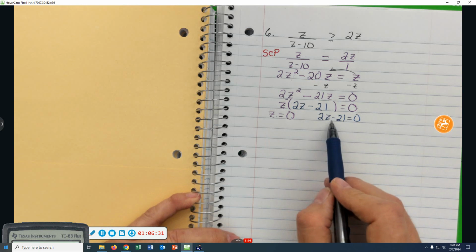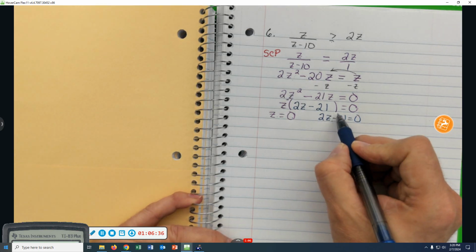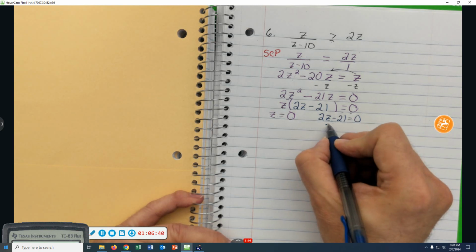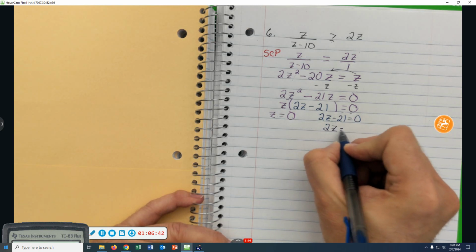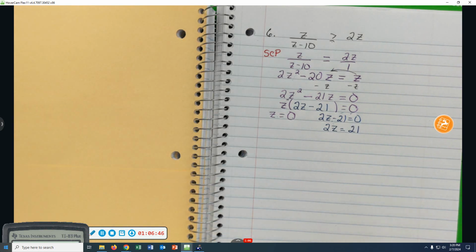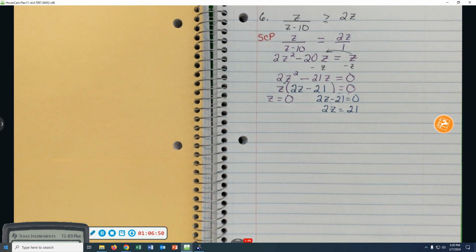So how would I solve 2z minus 21 is 0? I would add 21. So we have 2z equals 21. That is not 22 equals 21, okay? There is no 22 in this problem. It looks it.